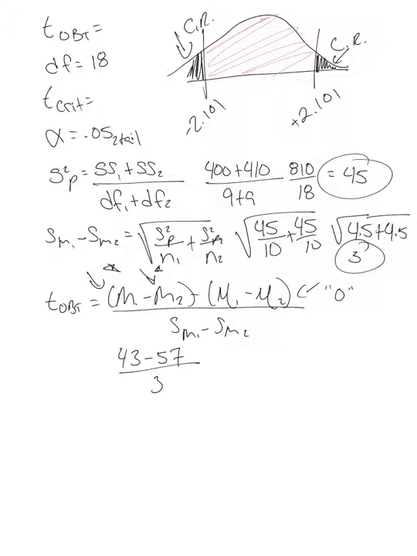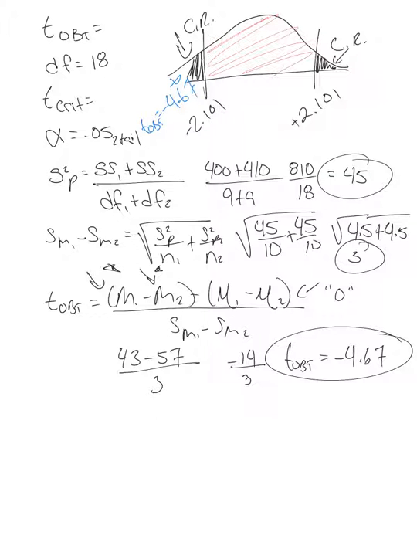So you have 43 minus 57 divided by 3, or negative 14 divided by 3, gives us a t obtained of negative 4.67, and we compare that to our t crit, 2.101, and so our t obtained is way over here. Our t obtained is negative 4.67, so that's huge.